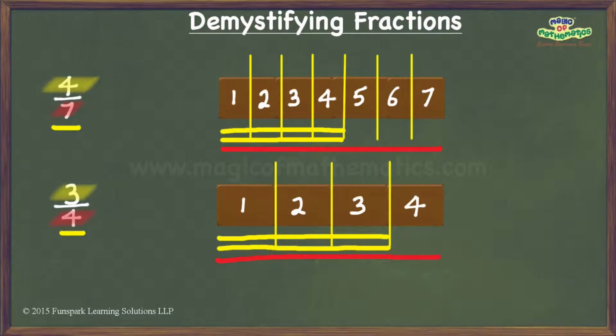Since we have cut the chocolate into more number of pieces in the first case as compared to the second case, we can see that the pieces in the first case are smaller in size than the pieces in the second case. Had the piece size been the same in both the cases, we could have said that the fraction representing more number of pieces is greater than the fraction representing less number of pieces.